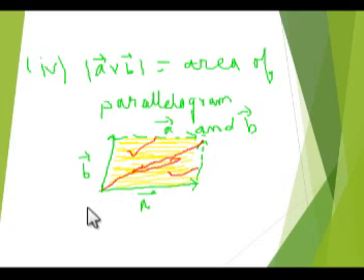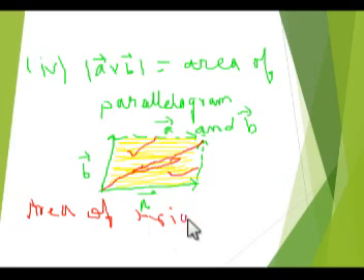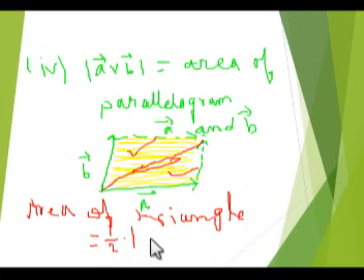So the area of a triangle will be half of the area of the parallelogram, half of the modulus of A vector cross B vector. So these two should be remembered to solve many physics problems as well as mathematics problems.